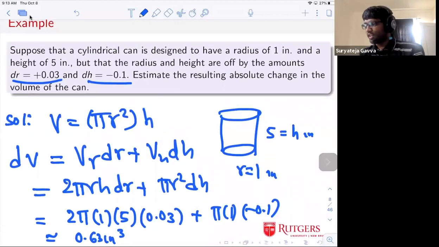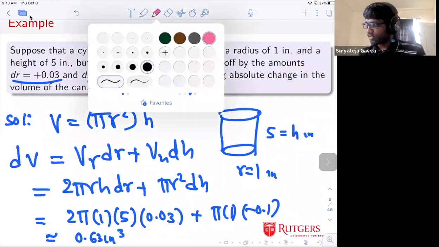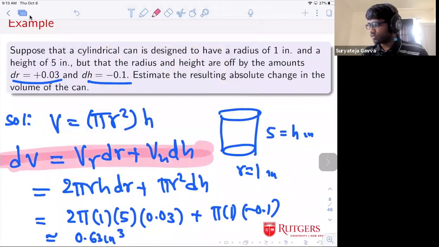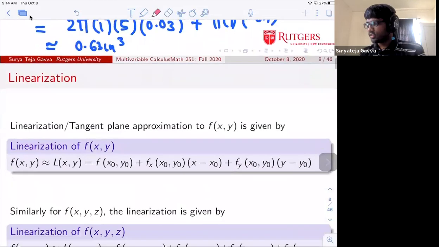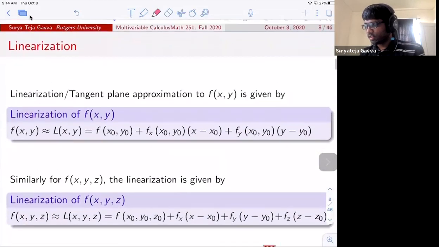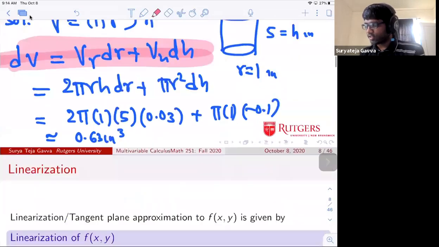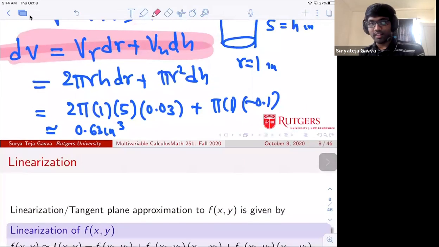Here the formula for the function is not given, so you have to write the formula for the function, and then compute the change by applying the same formula for dV. Okay, so that's some information essentially related to the partial derivatives and the gradient.